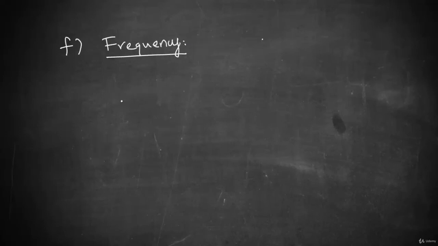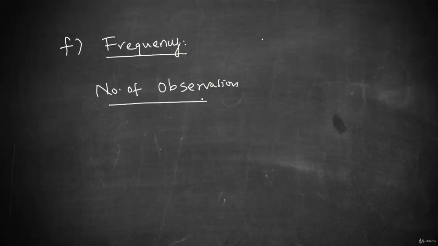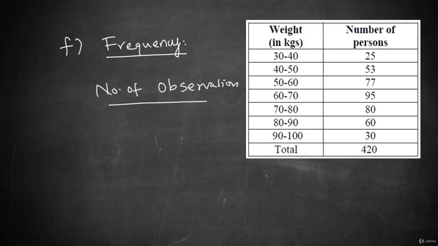Next item is frequency. Frequency is nothing but the number of observations which fall within a particular class interval. So the number of observations falling within a particular class interval is called frequency. Look at this table. This table has a continuous frequency distribution wherein you have the number of persons as 25, 53, 77 and so on.